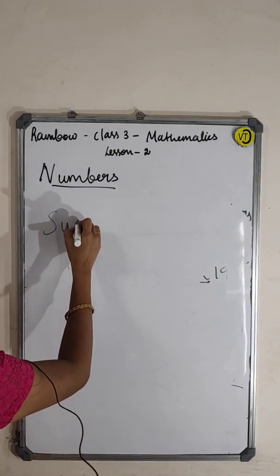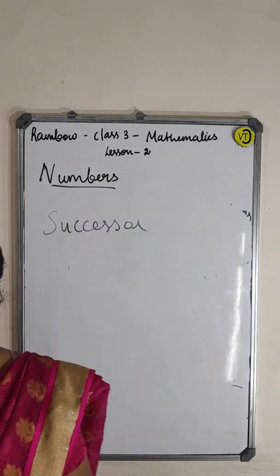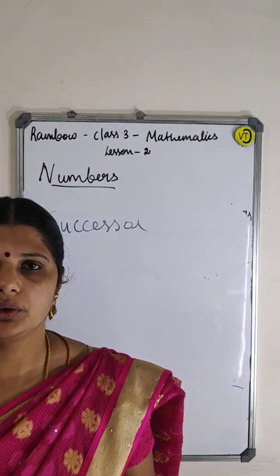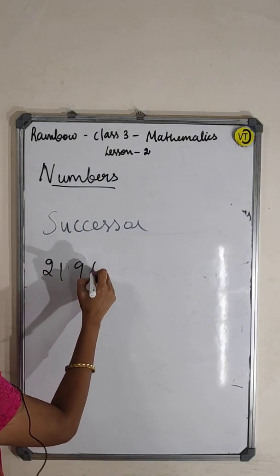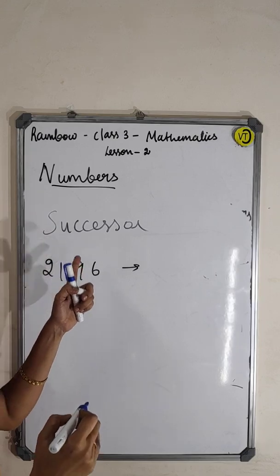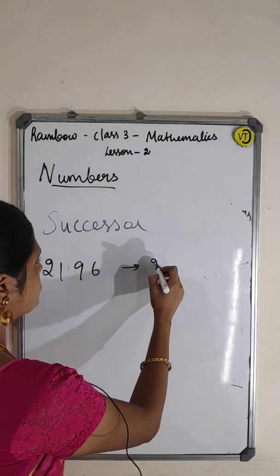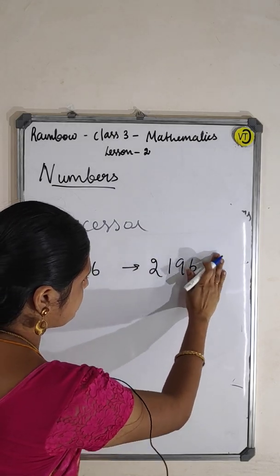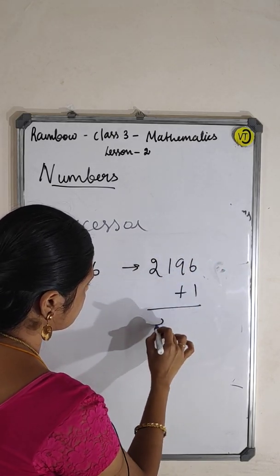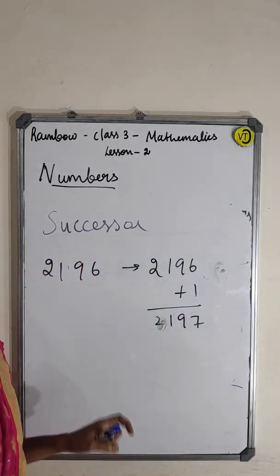Successor means you have to add 1. You are going to add 1 here. 2196. What is the successor of 2196? It is 2196 plus 1, it is 2197.